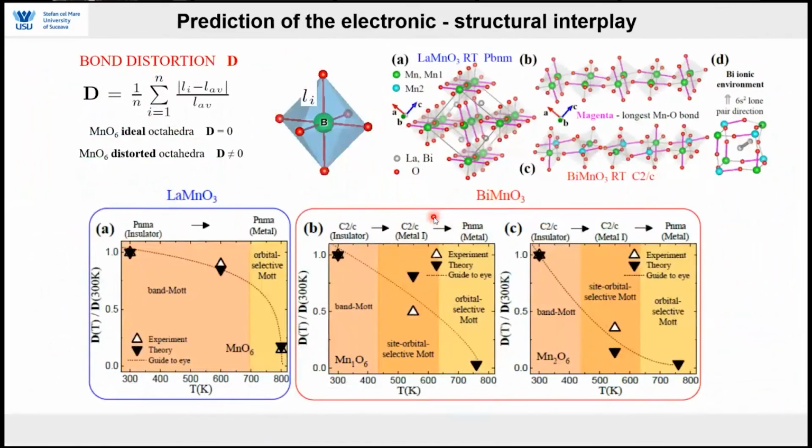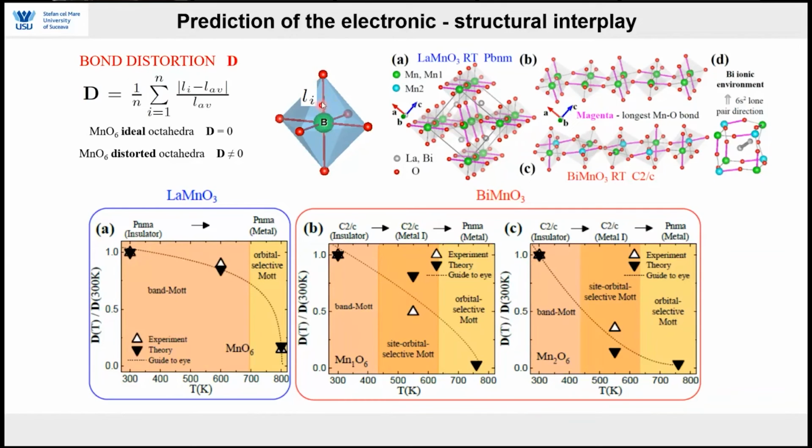Now, one interesting thing I mentioned to you at the beginning: once I saw that this method can explain quite a few properties which could not be explained by other methods, I'm now trying to give a different interpretation. The question was, can I predict some of these crystal structures and some of these states? Now, if I have an octahedra, any distortion away from the ideal octahedra I can characterize by the bond index.